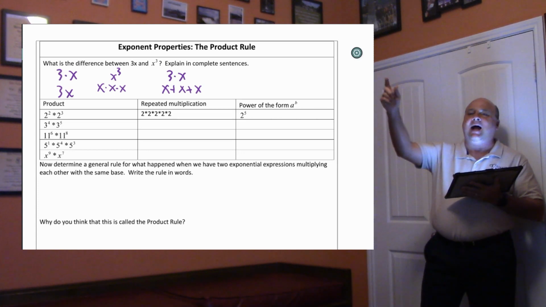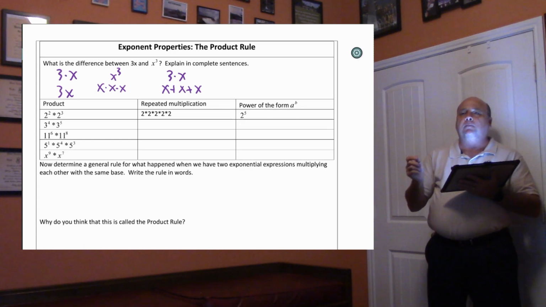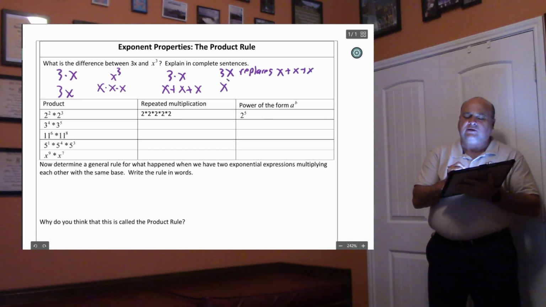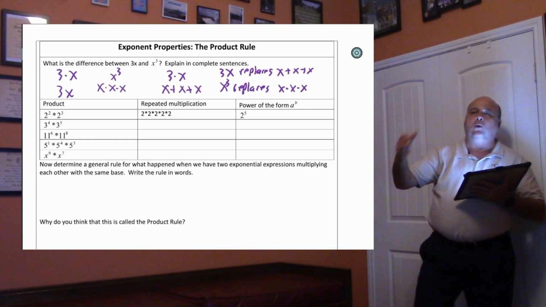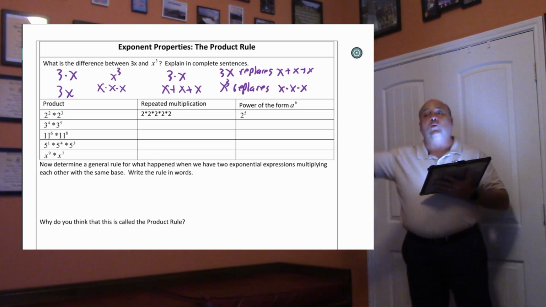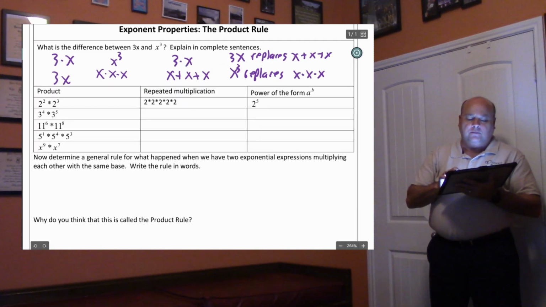When you have a power, basically you're replacing multiplication. So explain in complete sentences, 3x replaces x plus x plus x, and x to the third replaces x times x times x, okay? So when we have a power, when we have an exponent, we are multiplying that base times itself as many times as the power. Now then, let's go down to here.